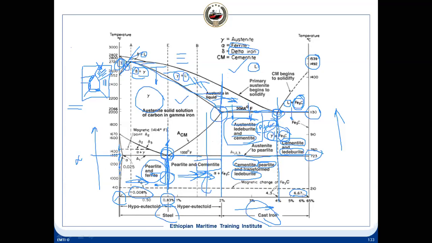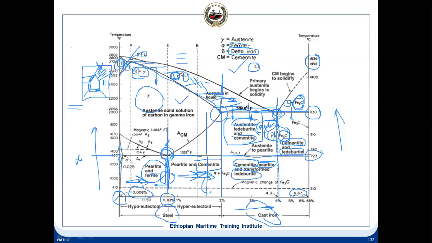Then we go for casting that metal. So the liquid will solidify and become austenite, and up to here it is a mixture. So up to here, this area, it will be austenite plus liquid. And then the austenite region is solid.